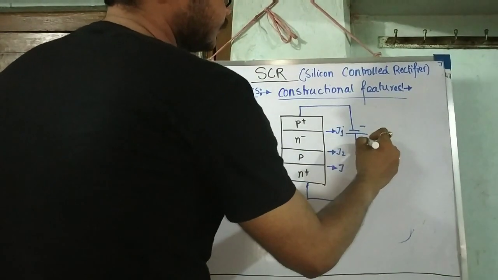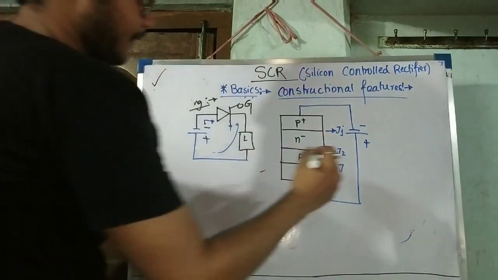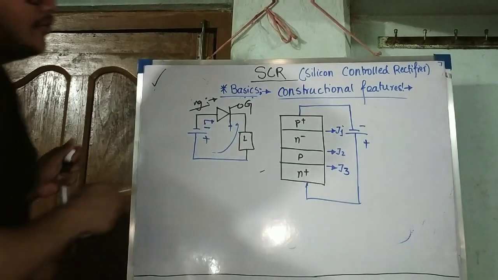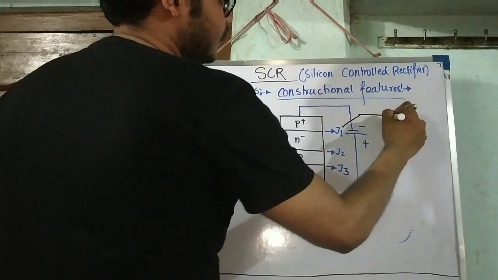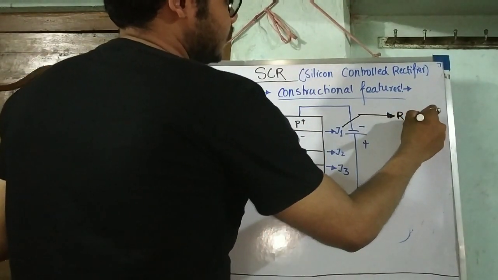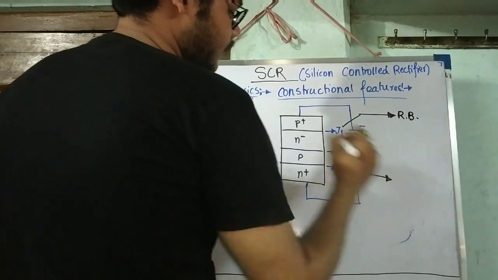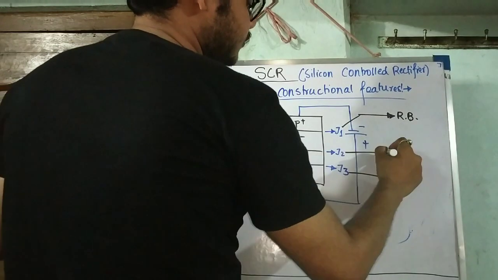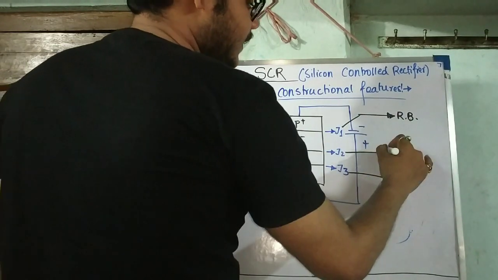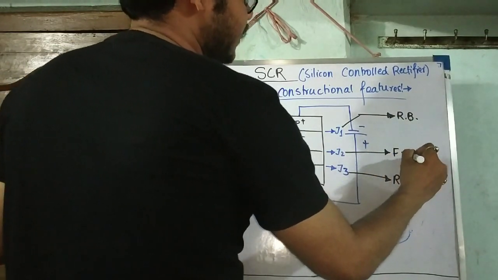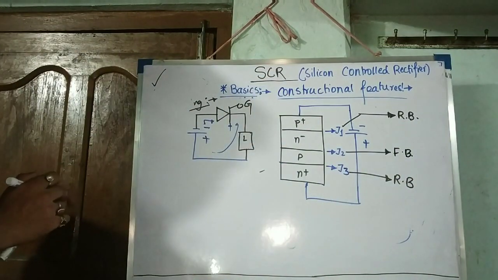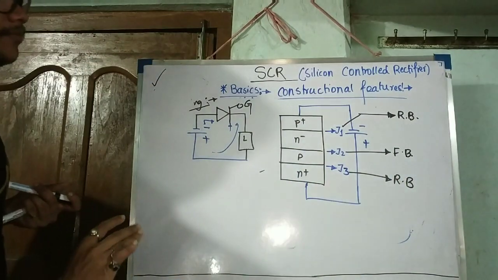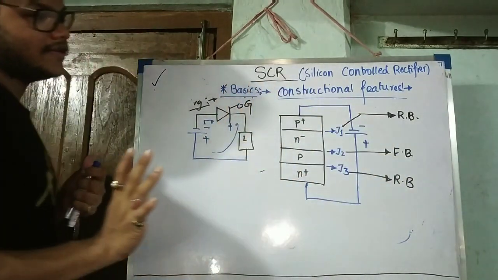And this time your junction 1 is in reverse bias, junction 3 is in reverse bias, but junction 2 is in forward bias. See, these junctions J1 and J3 are in reverse bias, but junction J2 is in forward bias.